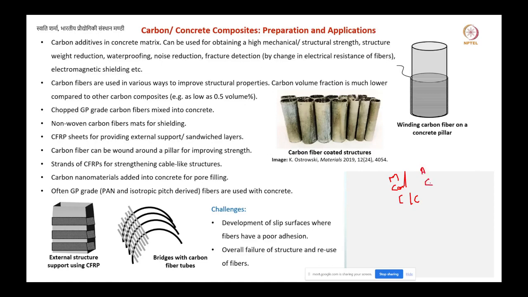Now why are you using this, or what will you get by making this kind of composite? Here you will get high mechanical strength, or structural strength, and structural weight reduction.